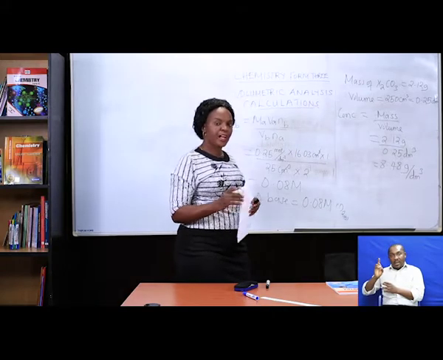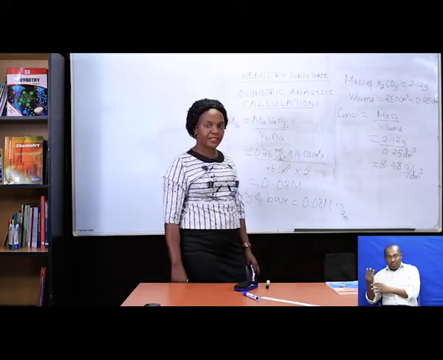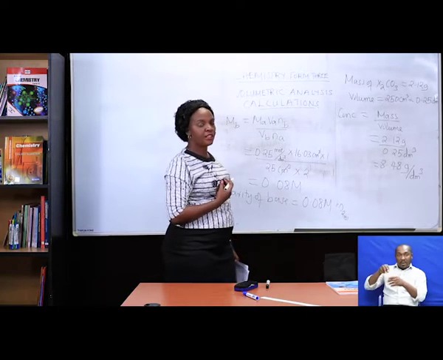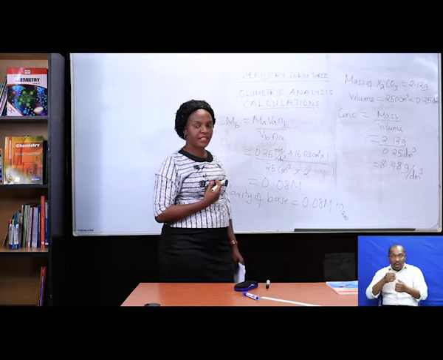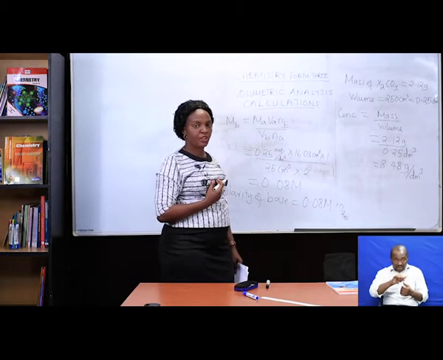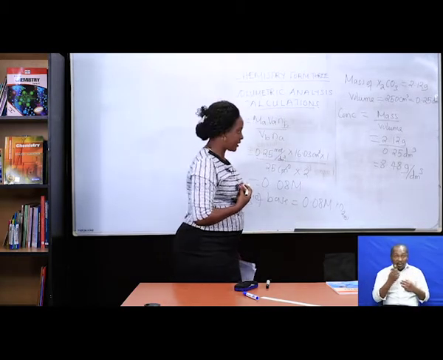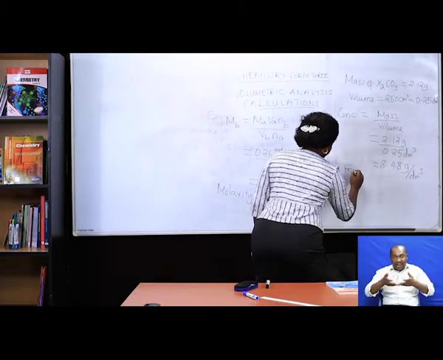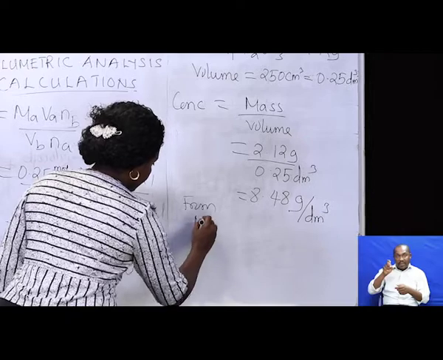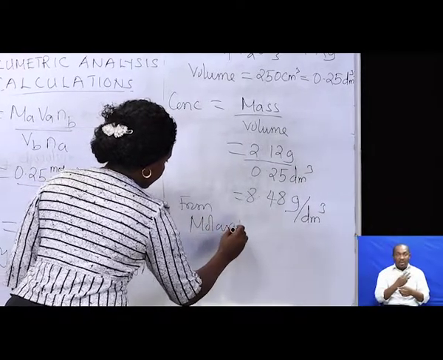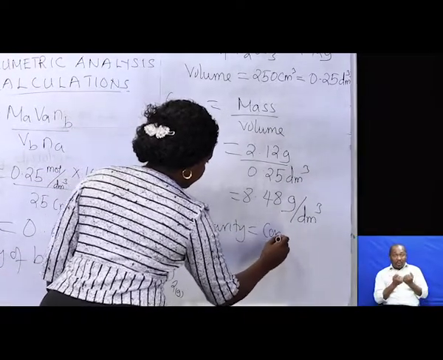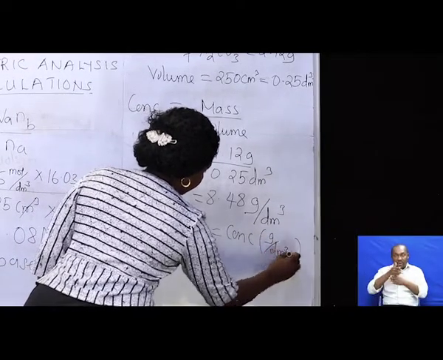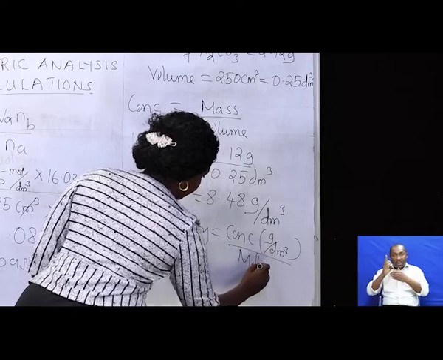Now, we have the concentration of metal carbonate. Now, we have the molarity. What are we looking for? We are looking for the molar mass of metal carbonate. How do we calculate? We know that molarity is equal to concentration in gram per cubic decimeter divided by the molar mass.